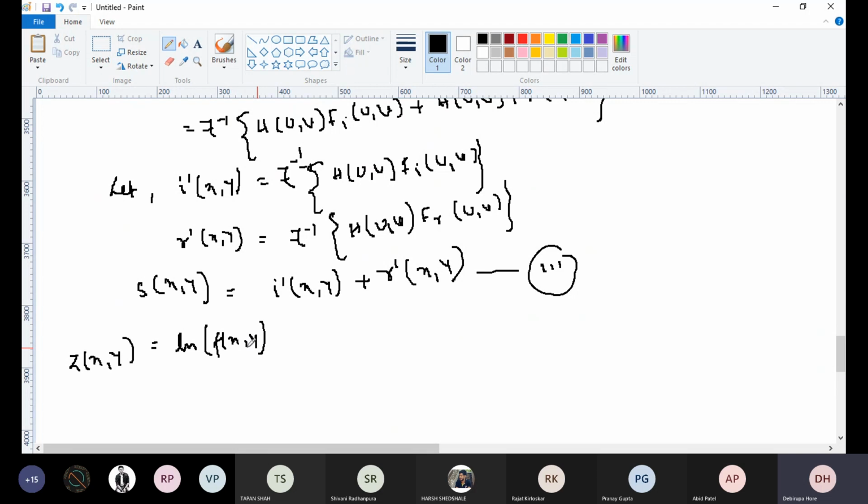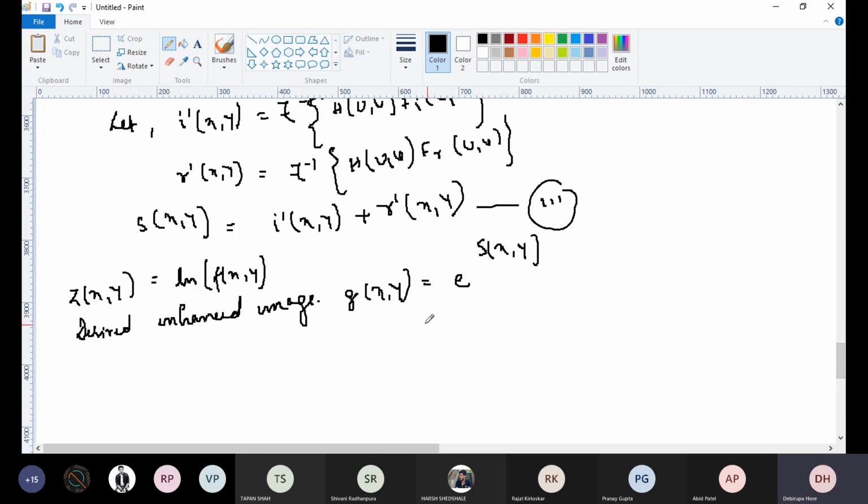So the desired enhanced image g of x,y will be given by e to the power s of x,y. That gives e to the power i dash x,y into e to the power r dash x,y.